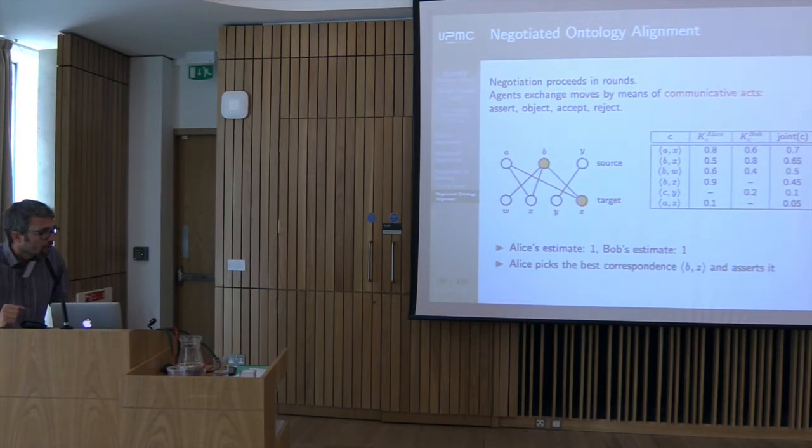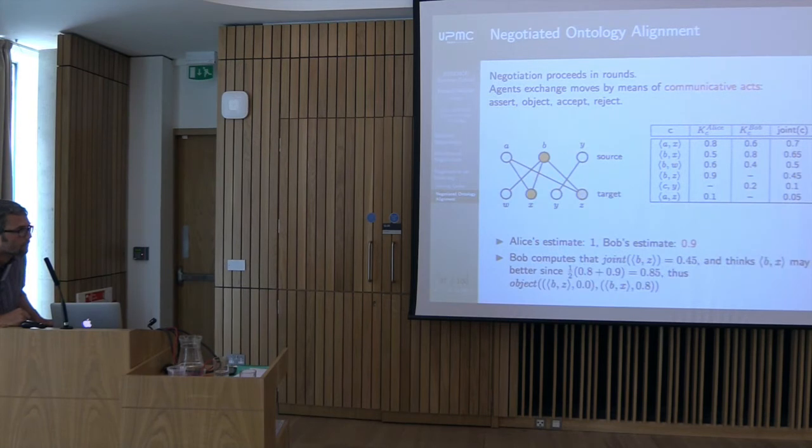At the beginning, Alice's estimate is 1, meaning that according to Alice, the best degree of belief that Bob can have for some correspondence is 1, and for Bob it's the same. So Alice will pick the best correspondence for her, that's BZ, because it's 0.9, and she will assert it, okay?